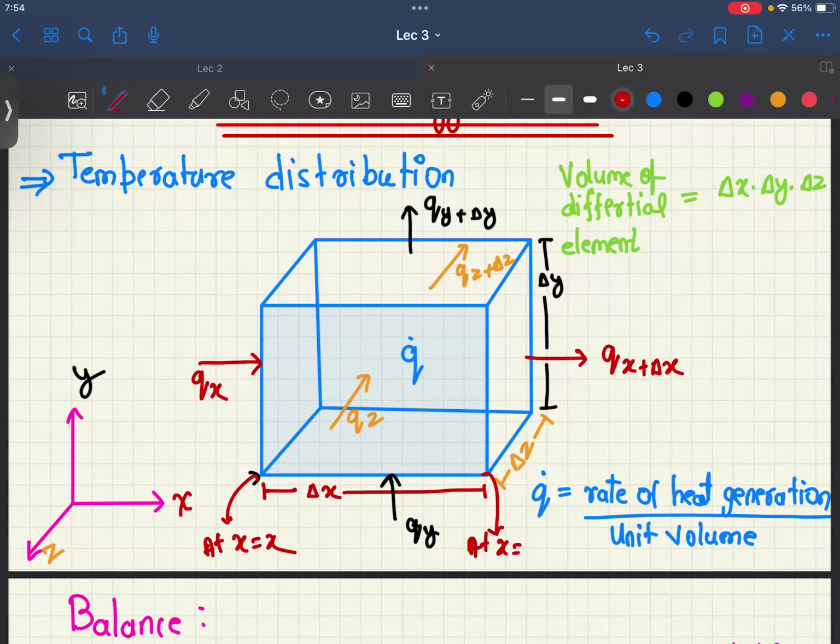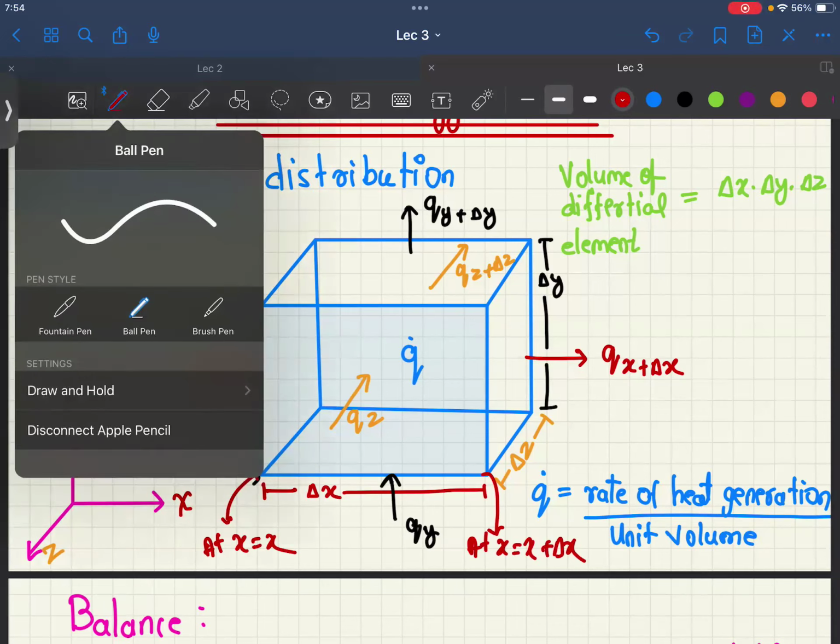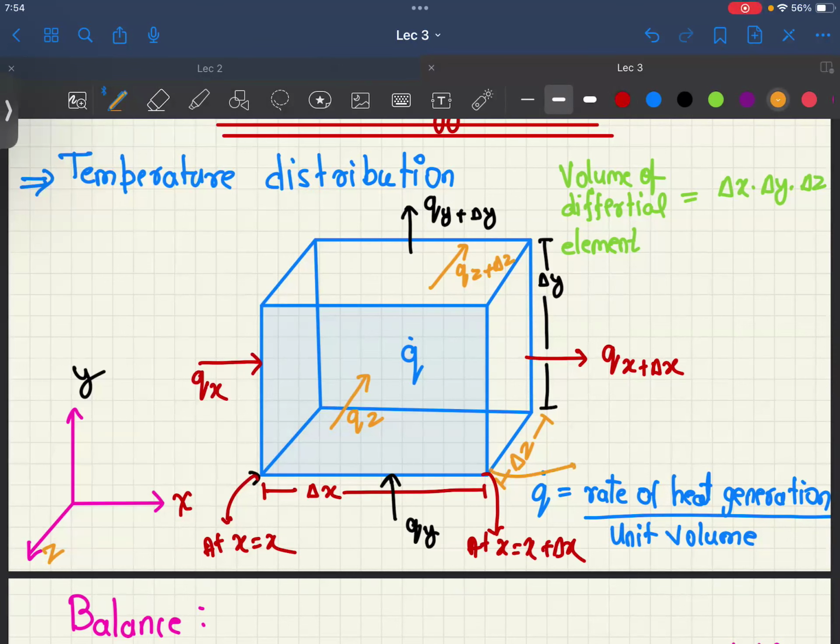Okay, x plus delta x. Similarly, this position is z equal to z, and this position is z equal to z plus delta z, and this position is y equal to y, and this is y equal to y plus delta y.